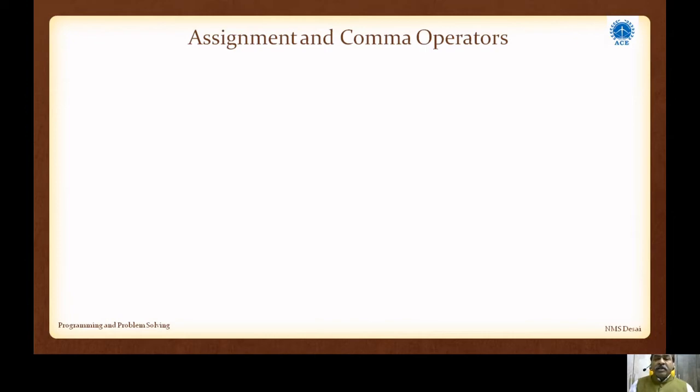Assignment operator is the least precedence operator in the C programming language. So what it does essentially is it takes the right side value of an expression or a value and assigns it to the left side variable.